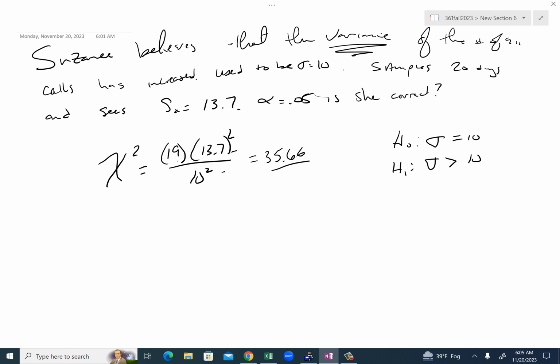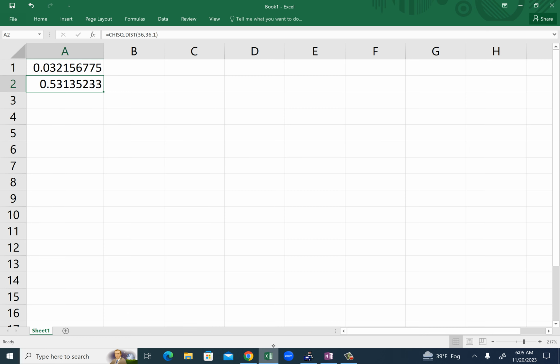If a person says, I feel like it's really changed, you take a sample of 30 days or whatever it is, and from the standard deviation of my sample, it's less than what it's supposed to be. And somehow you're going to tell me you think it's gone up? I don't think so.